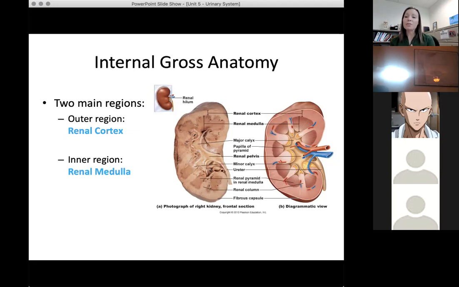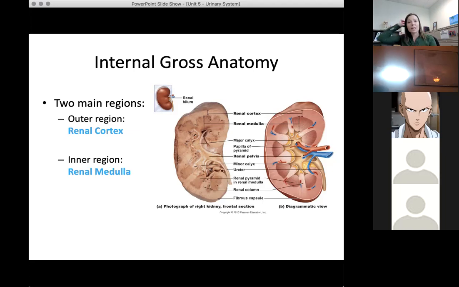So when urine is formed within the kidneys, it first comes out of the renal papilla, which are the openings at the tip of each pyramid. And from there, urine is going to drain into a minor calyx, then into a major calyx, and then finally into the renal pelvis, which is right here. And then from there, in order to leave the kidney, it goes through the ureter. And that ureter, remember, is the tube that extends out of the kidney and carries urine down to the bladder.